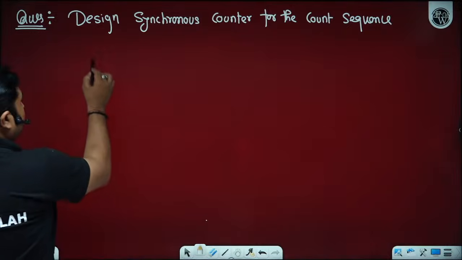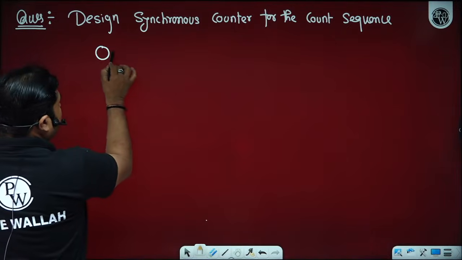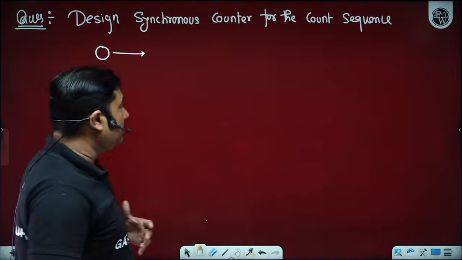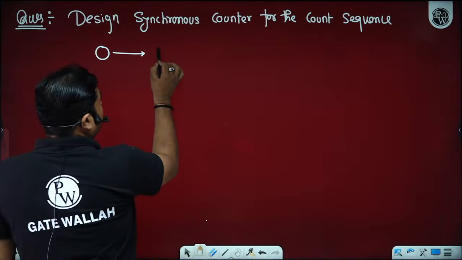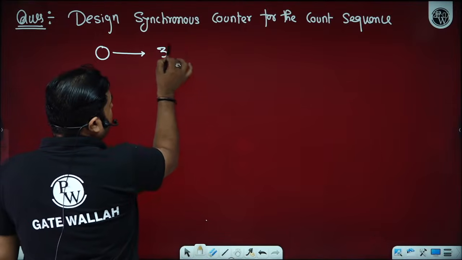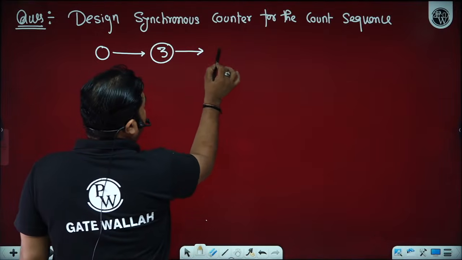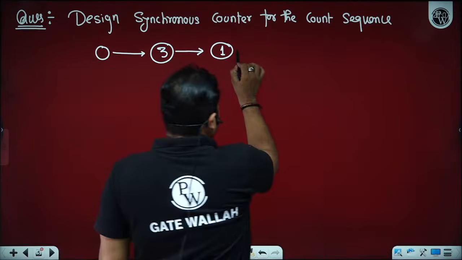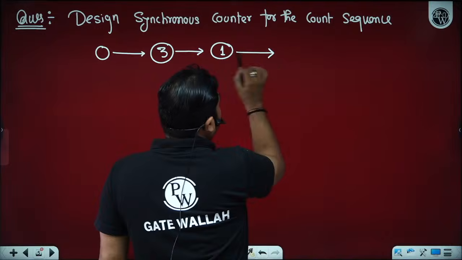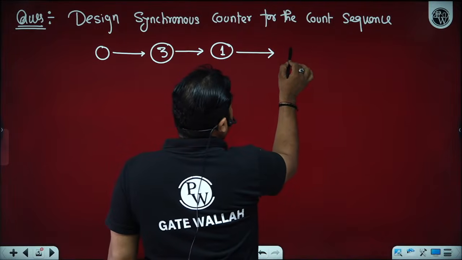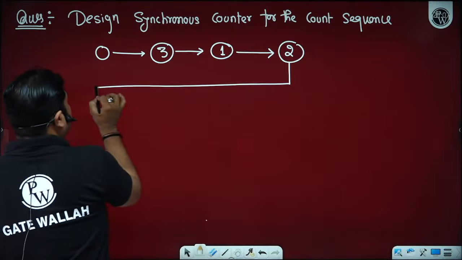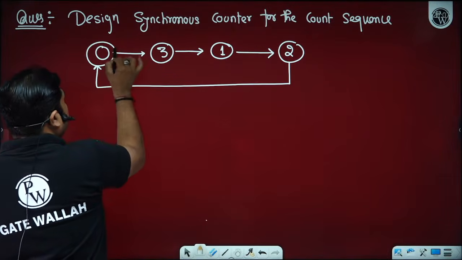Let's take a count sequence. Let us suppose the initial state is 0, and on applying the clock, you want the next state to be the binary of 3, and on applying the next clock, you want the next state to be the binary of 1. On applying the next clock pulse, you want the next state to be the binary of 2, and then on applying the fourth clock, again you want binary 0 to appear on the counter.